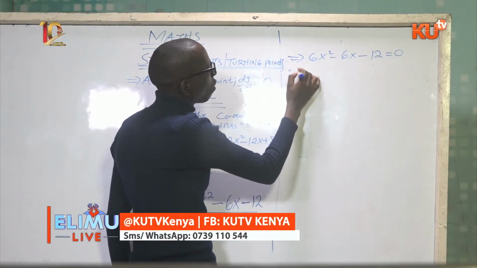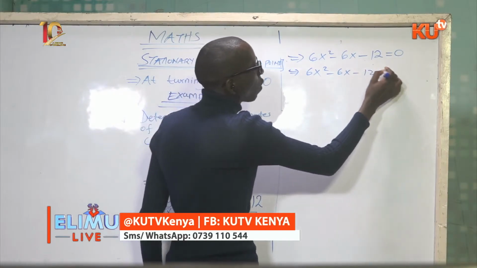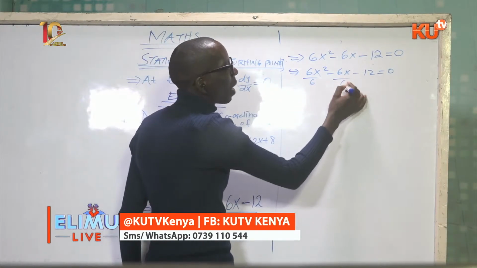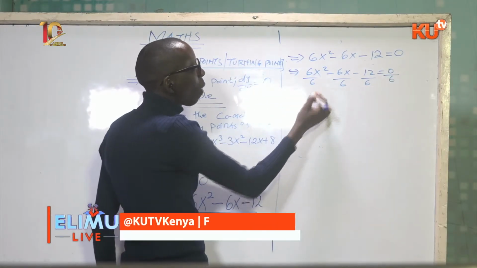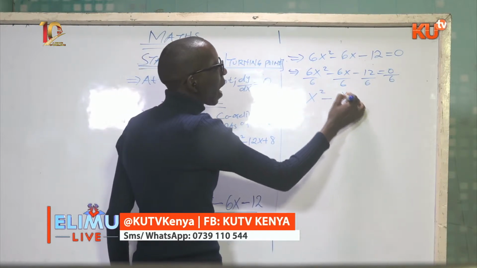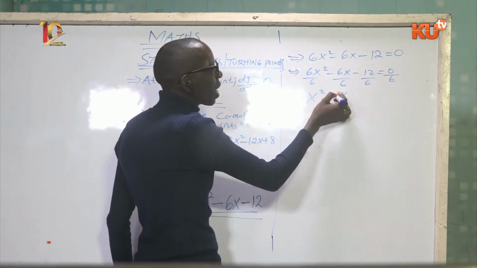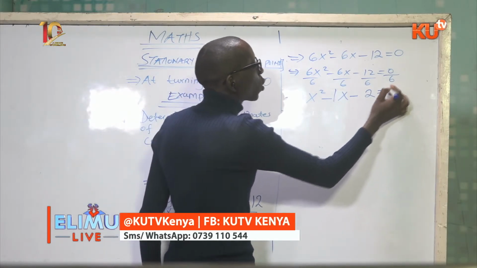Therefore, we divide 6x squared minus 6x minus 12 is equal to 0 by 6 everywhere. Therefore, we have our equation as x squared minus x, that is 1x squared, let me write the 1 there, minus 1x minus 2 is equal to 0.